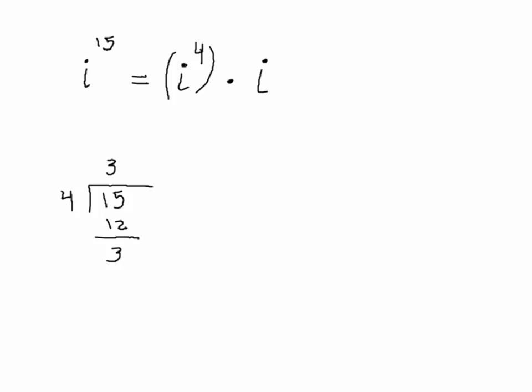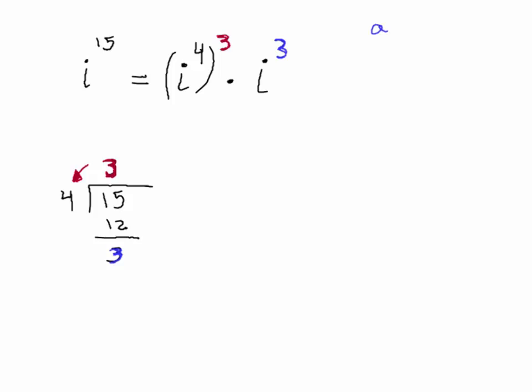Okay, so see, I'm going to use a different color here. Because I'm going to use 3 here, and put 3 here. Because 3 times 4 gives me 12, right? And then the remainder here is 3. So I'm going to put another 3 here.